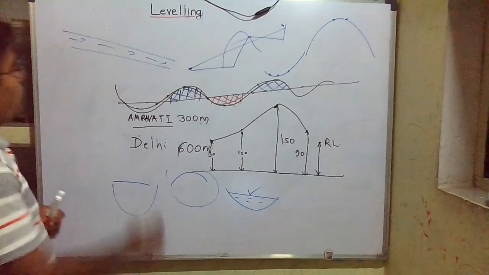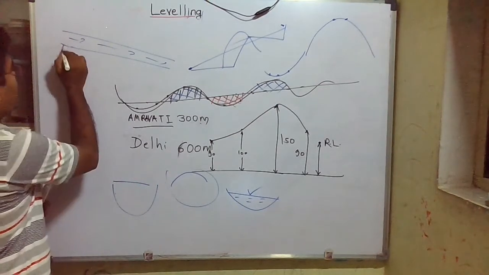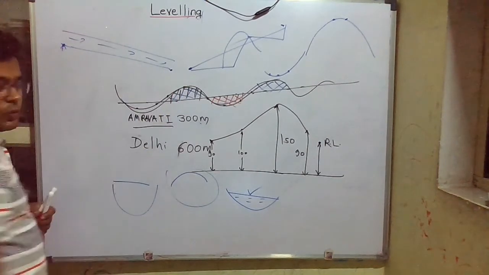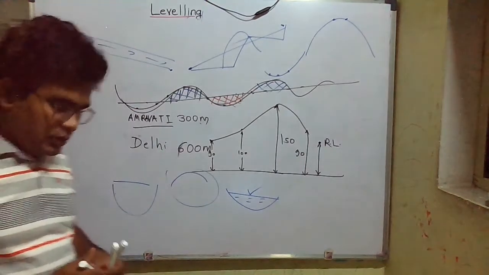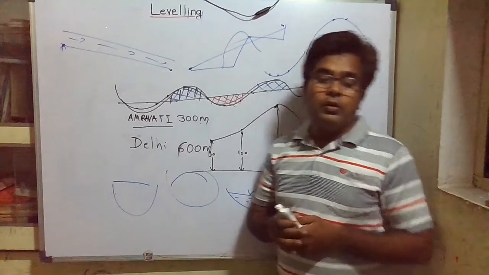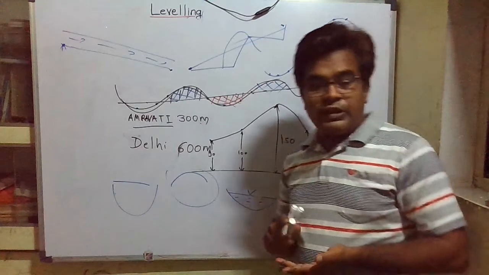Okay, so for that we need the RL of different points. We have to keep this point at higher elevation and this point at lower elevation, so that our water can flow under gravity.